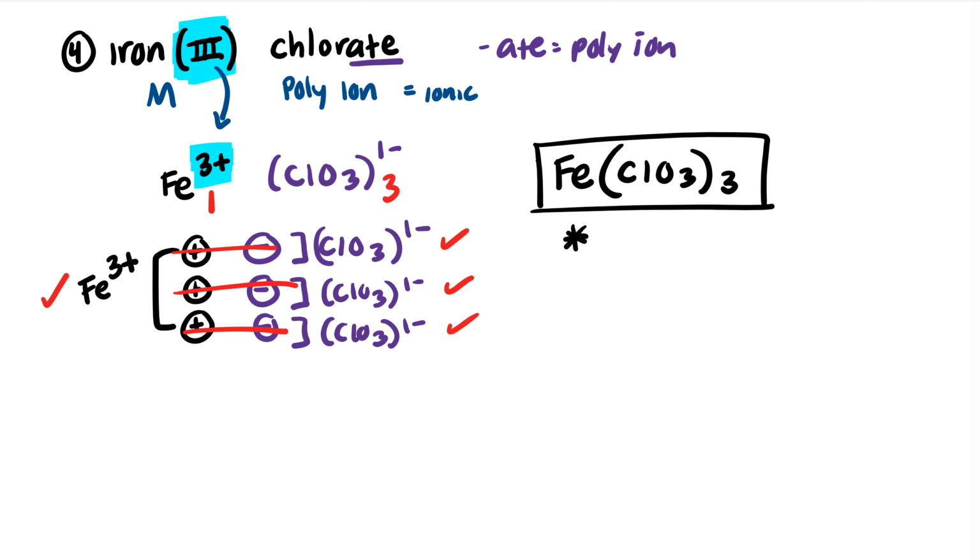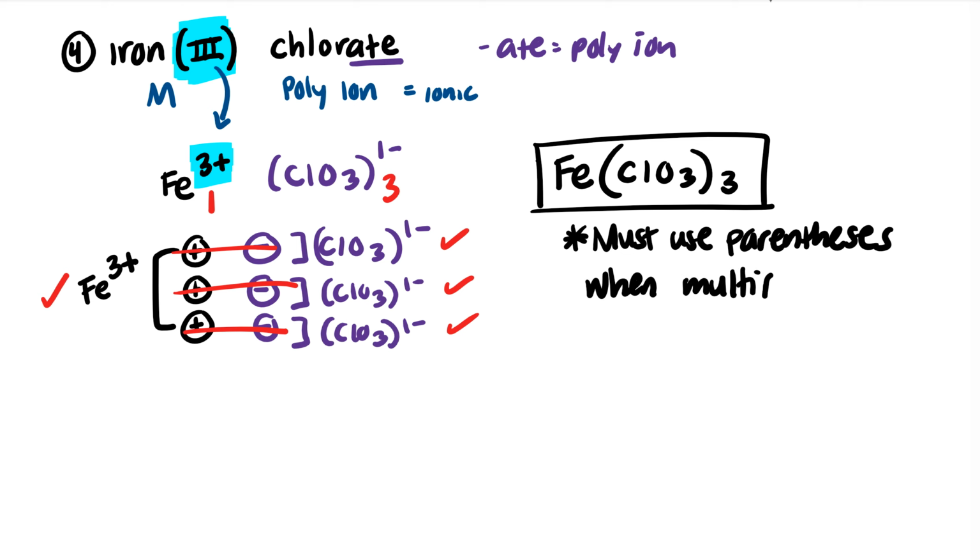For this polyatomic ion, we must use parentheses in this scenario. You have to use parentheses when you have multiple copies of the polyatomic ion.